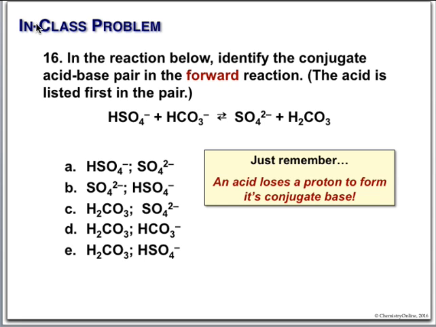So, our forward reaction here, we're starting here, we're going this way. Which one is the acid? Which one is the Bronsted acid? Which one donates the proton? Which of these two guys donates a proton?